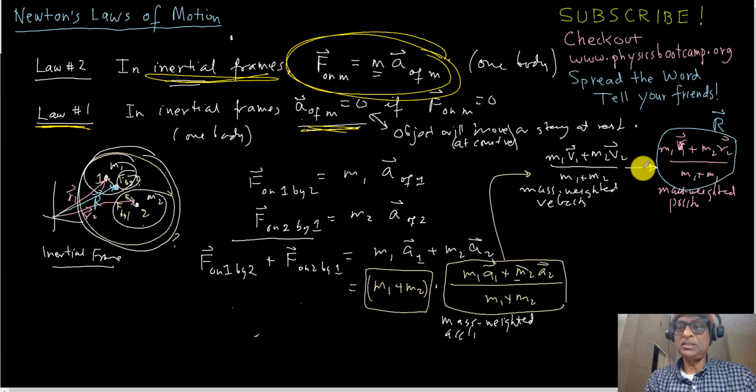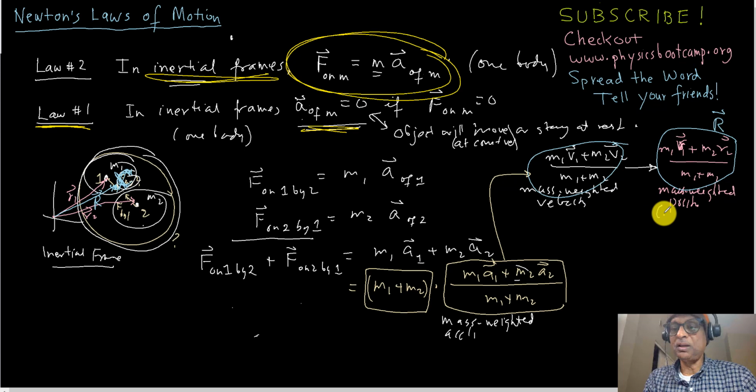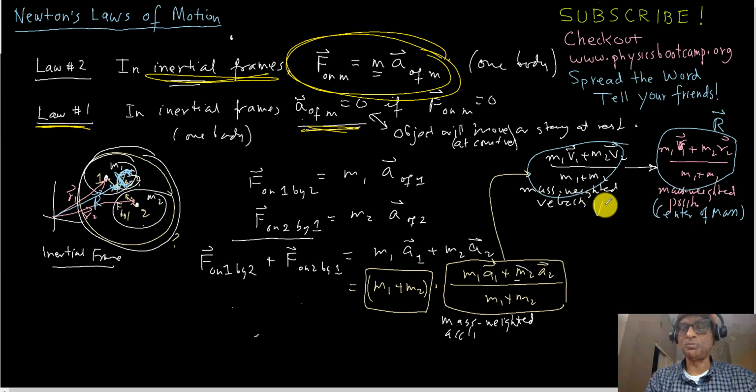This is the velocity of that point, let's call it big X. And this point, C, is usually called the center of mass. So this is the velocity of the center of mass, and if you take a time derivative, this is the acceleration of this point in space, which is associated with these two masses.